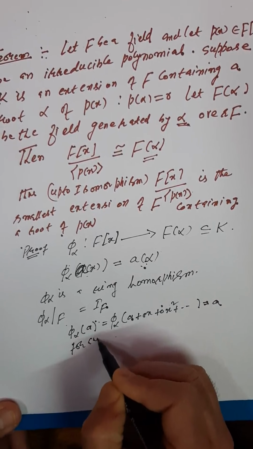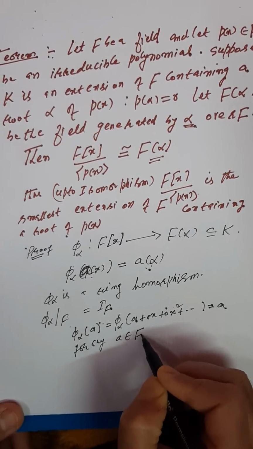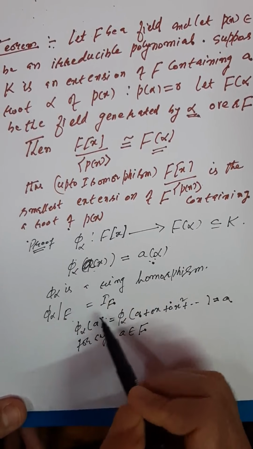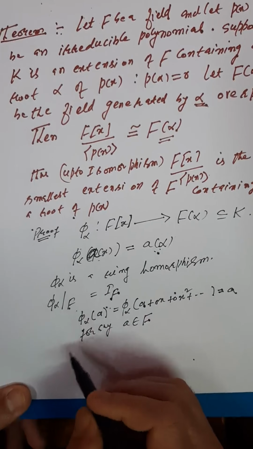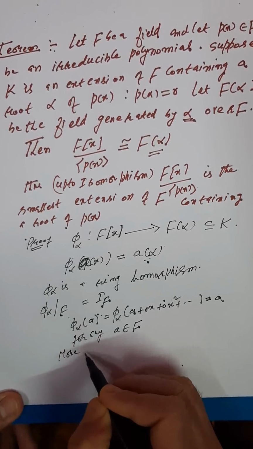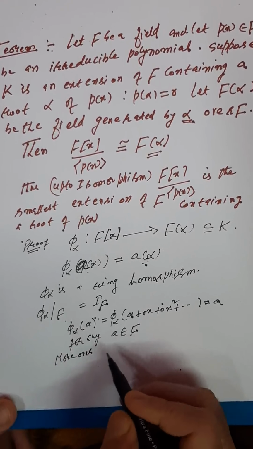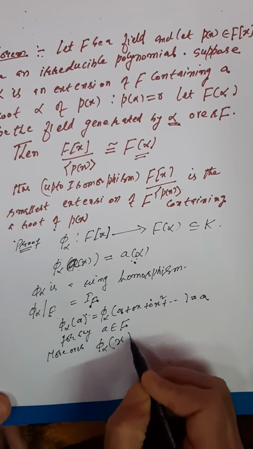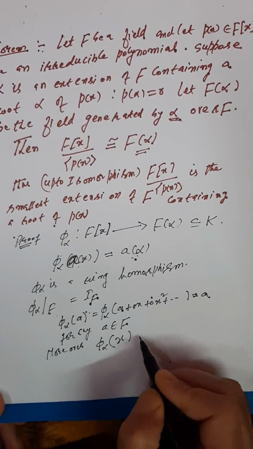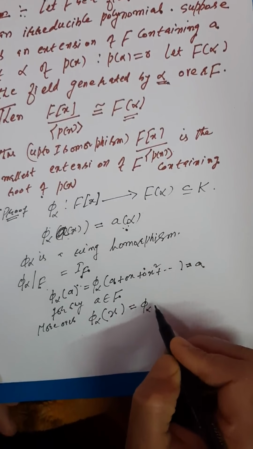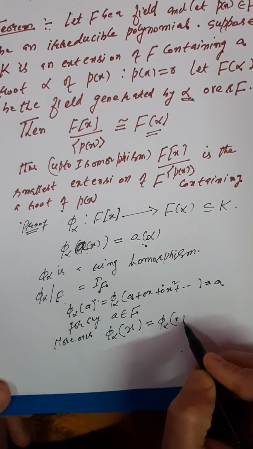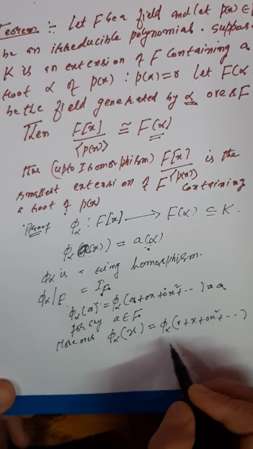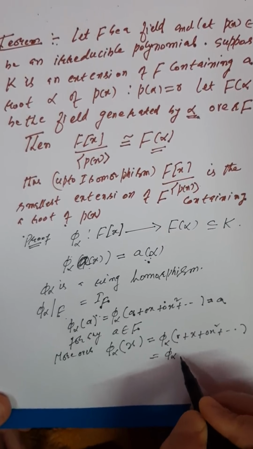For any a in F, phi alpha, this evaluation homomorphism, when we restrict it on F, is the identity map on F. Moreover, if we apply phi alpha on x, regarding x as a polynomial 0 plus x plus 0x square and so on, what would it be?